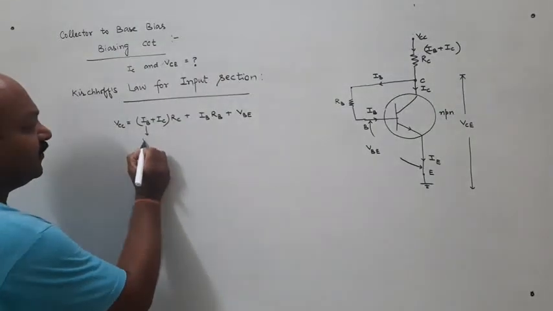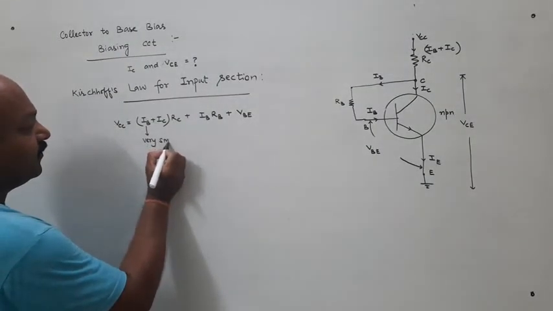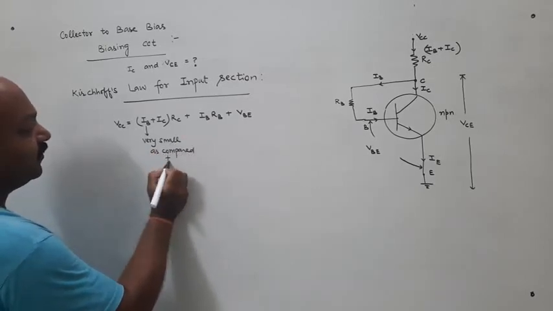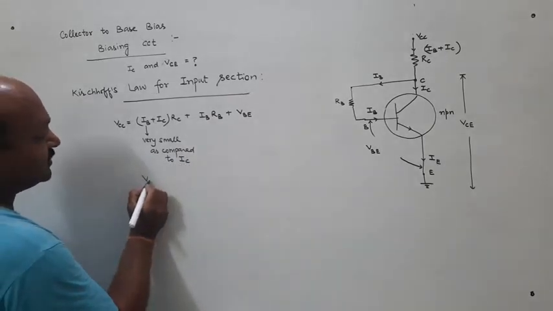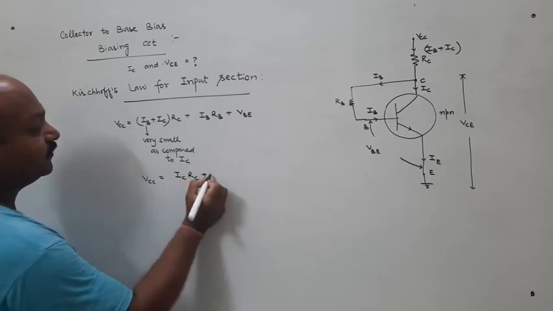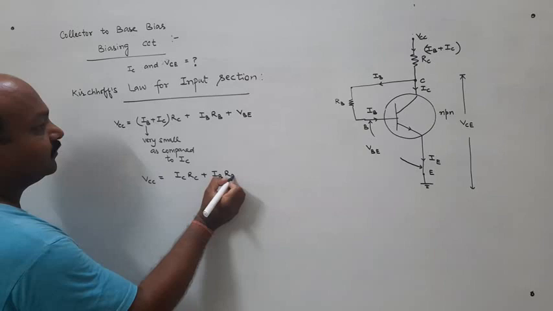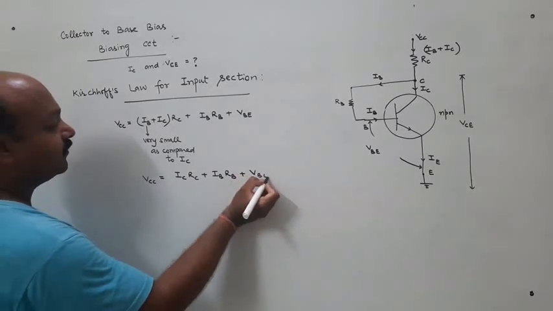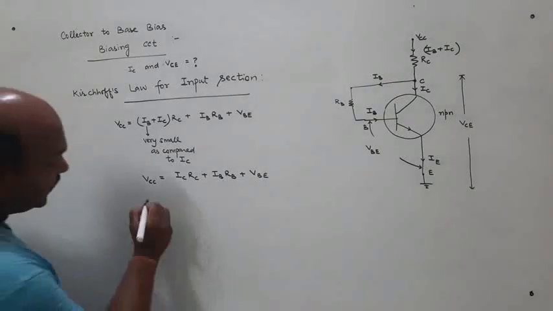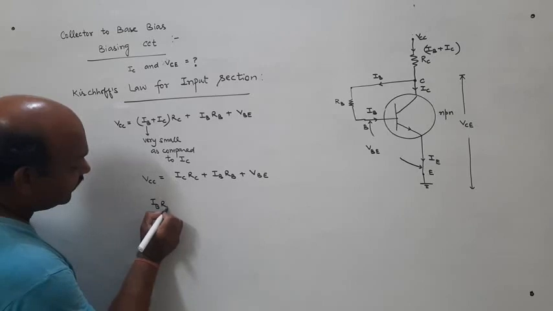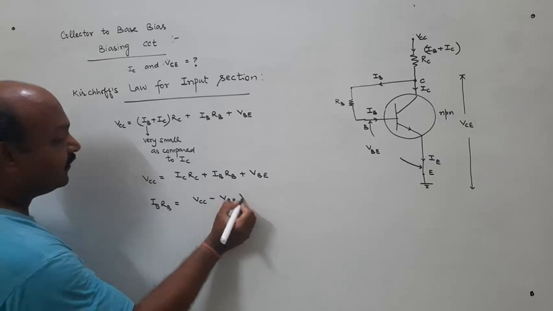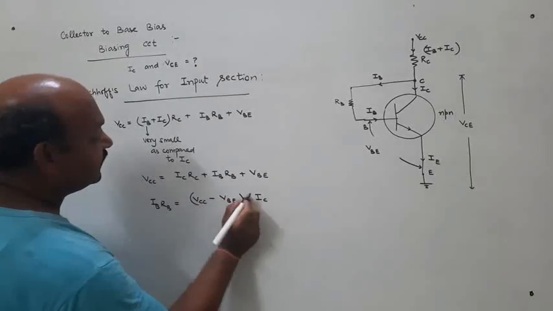IB is very small as compared to IC, so we can ignore this. So IB RB is equal to VCC minus VBE minus IC RC.